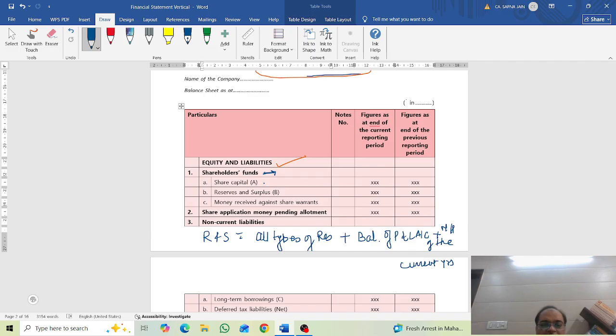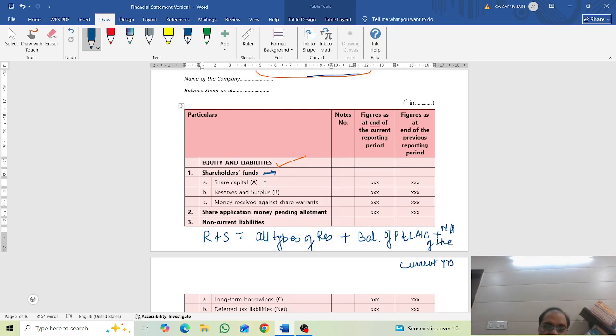Whenever a company issues shares, the company first receives money from the party at the time of application. After receiving the application, after some time, the company allots the shares to the member. Now such a member is called the shareholder.